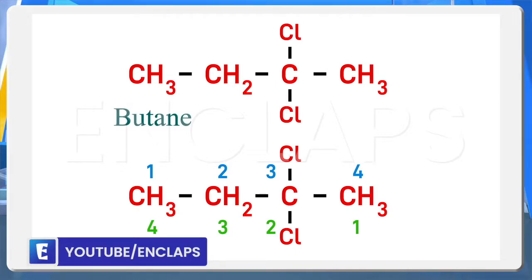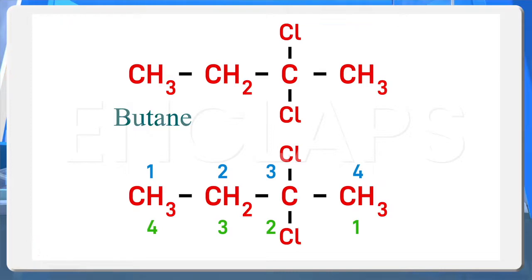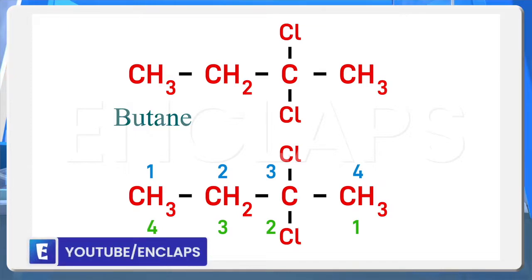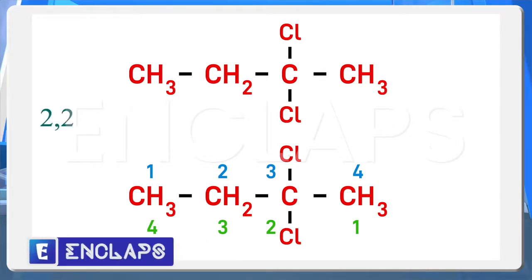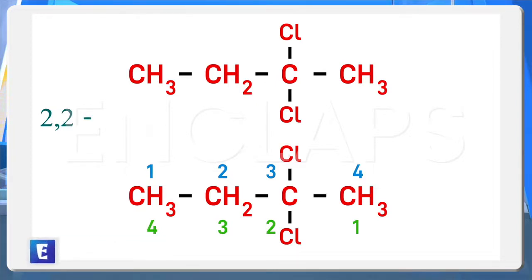Then what is the position of the functional group? Here the chloro group is at 2, right? So we know that if more than one functional group is attached to a carbon atom, its position number should be repeated. Here the functional groups are attached to the second carbon atom. So 2,2. Then we have to put a hyphen. 2,2-hyphen.